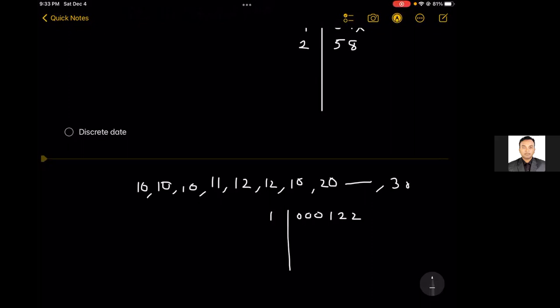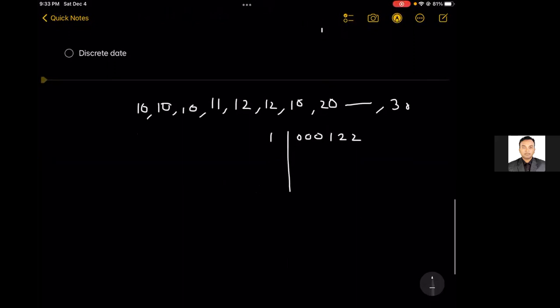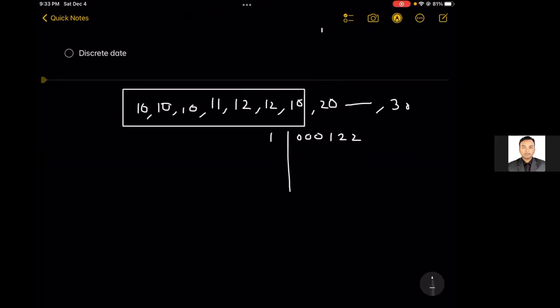How about histograms? Well, obviously, since we are working with data and whole numbers, a histogram is a very good option. But again, it needs to be spread out. If it's not spread out, it may not be a very good option. For example, for this data set, how do you draw a histogram?